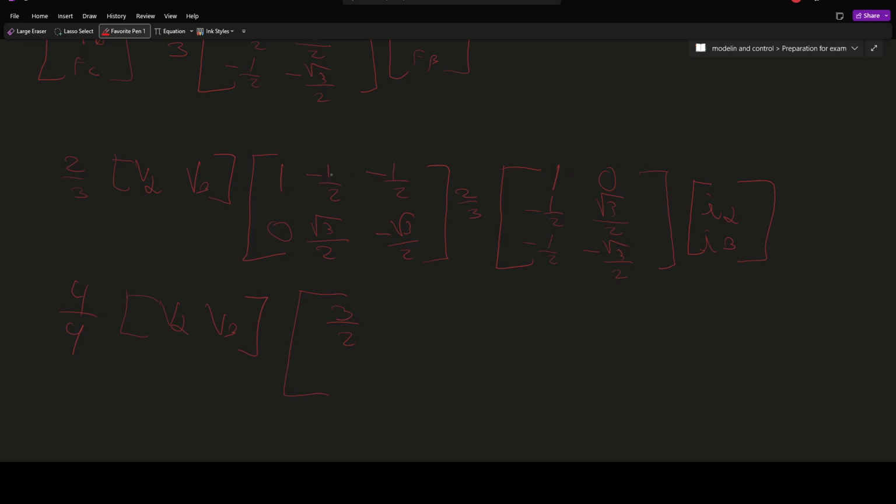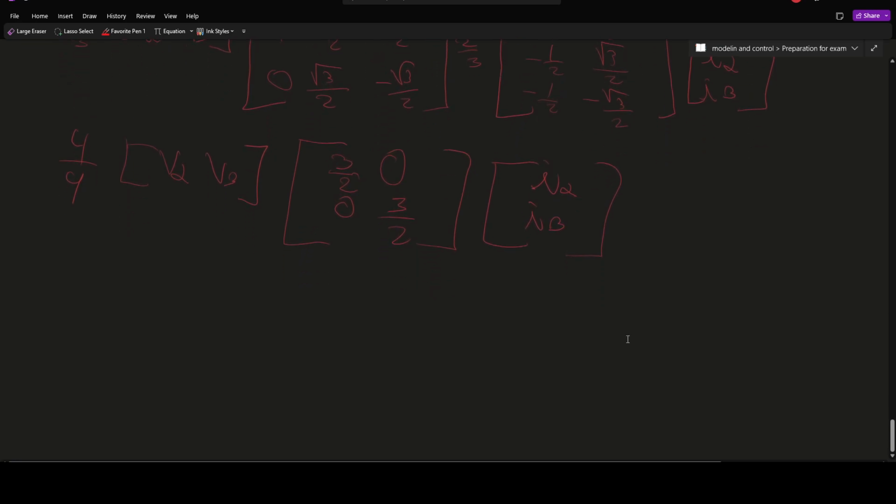So this one times this one plus this one times this one plus this one times this one. Okay, just a reminder of matrix multiplication. So when we do it, we're gonna have this result, and here we're gonna still have our alpha and beta components of our current.